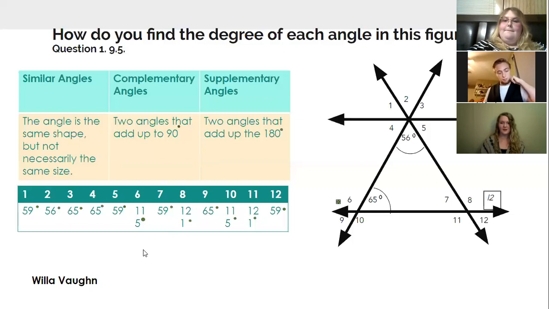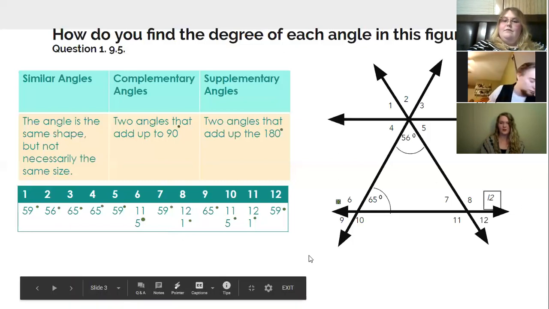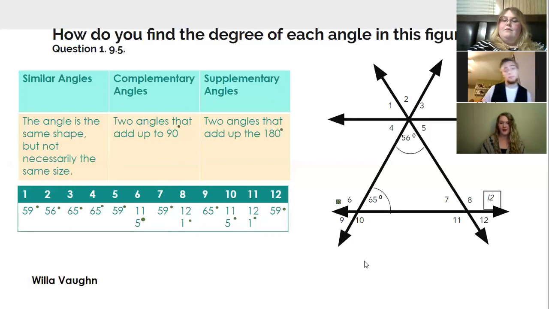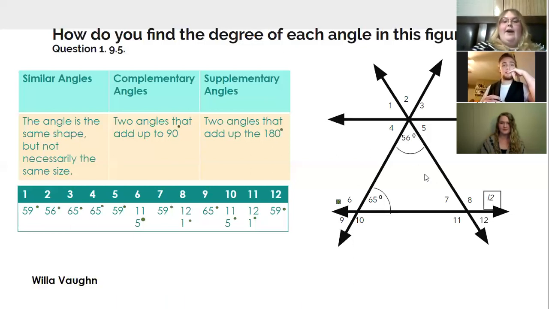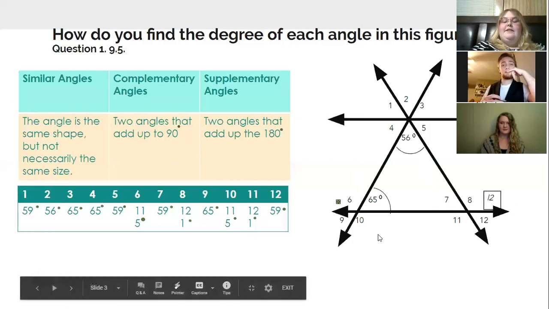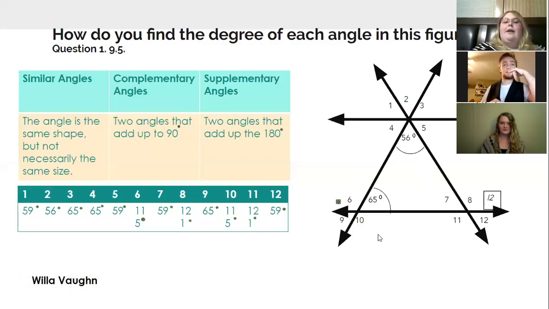And you can tell angle 7 because the inside of a triangle is always going to equal 180 degrees, so you could do the math to figure it out as well. Yeah, the interior angles equal 180, so they're supplementary. So you would do the math from 56 and 65 to get angle 7 from the 180 degrees.